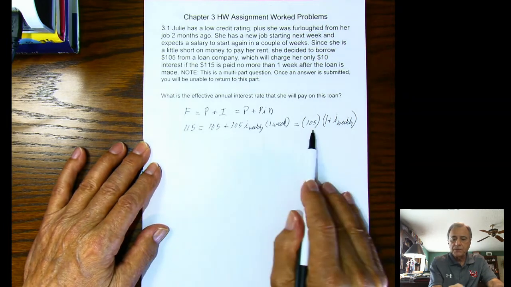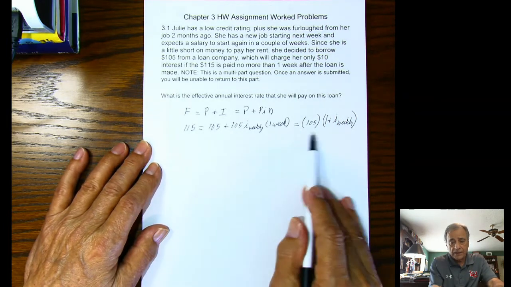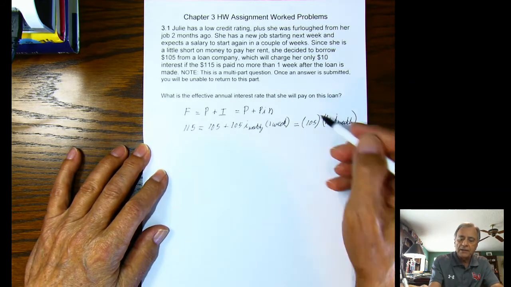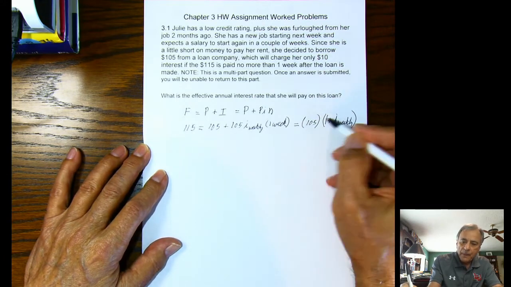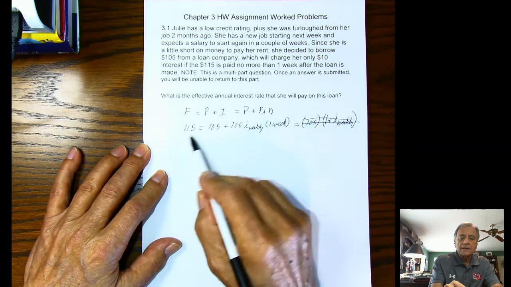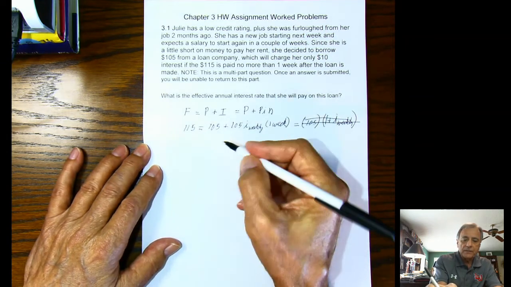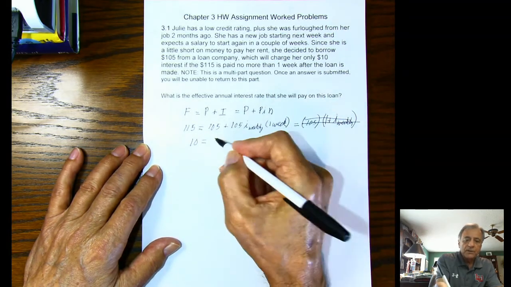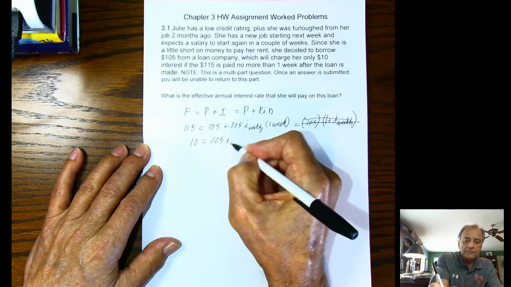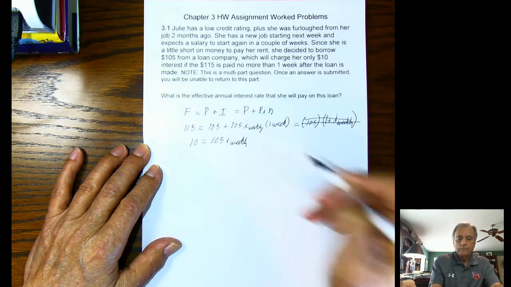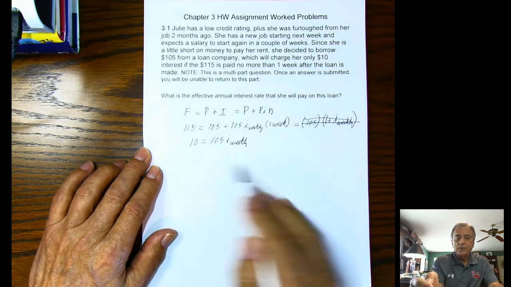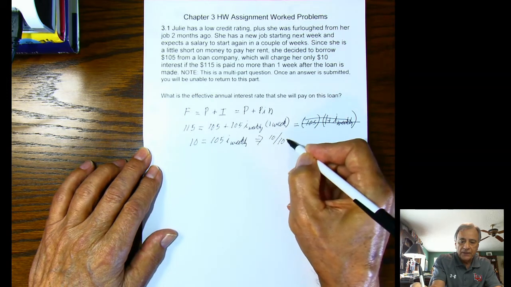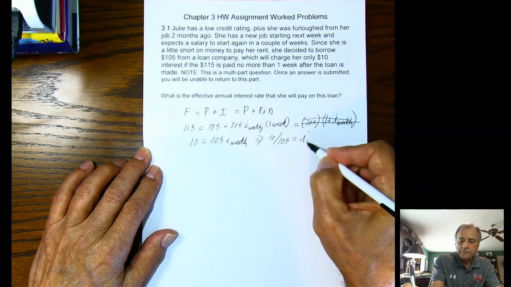So let's first divide through the equation. Actually, I shouldn't have factored this out. Let me leave this here. Let me cross this out. Let me just subtract the 105 from both sides of the equation. So then I'll have just $10 is equal to 105 times I weekly. And so if we divide through by 105 now, we'll get 10 divided by 105 equals I weekly.